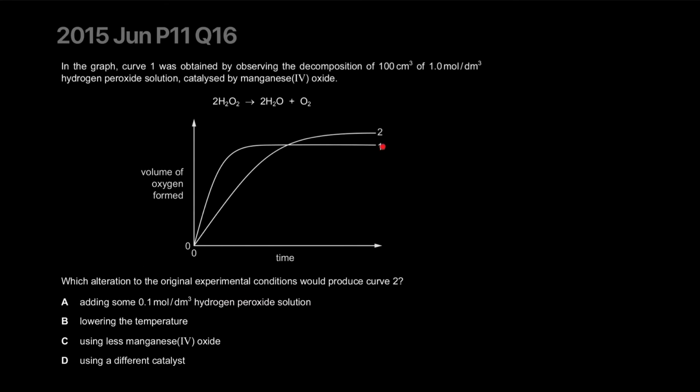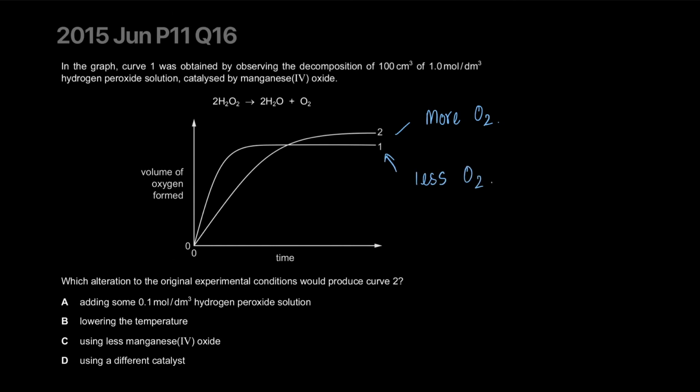Notice curve 2 is not as steep, so I'm guessing they're removing the catalyst or somehow slowing the rate of reaction. The other thing is that it's also producing more oxygen. Do you guys see that? More O2 is produced compared to curve 1, so over here, less O2 is being produced.